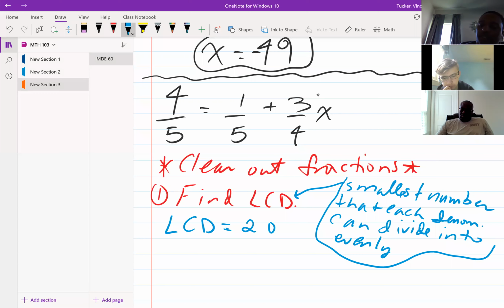Your LCD is your smallest number that each denominator can divide into evenly. So 4 and 5 can divide into 20 evenly.